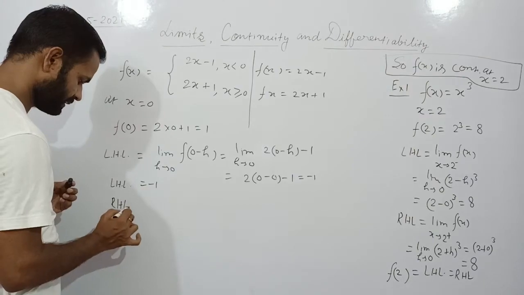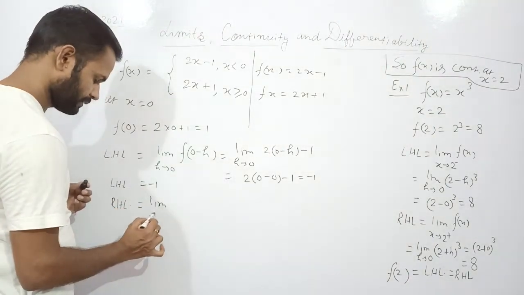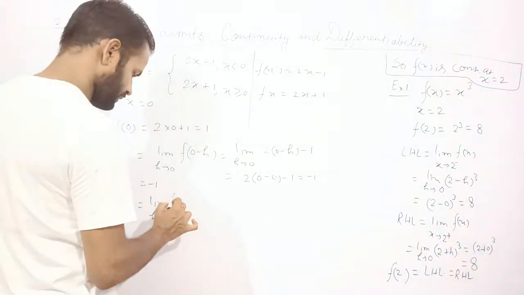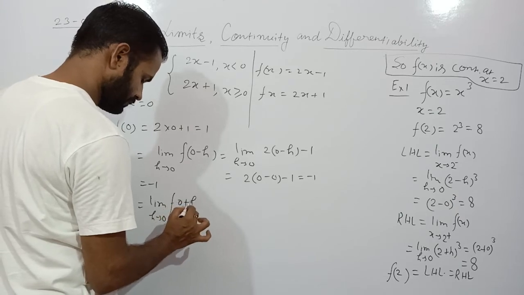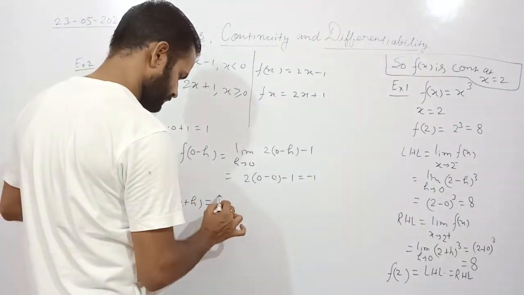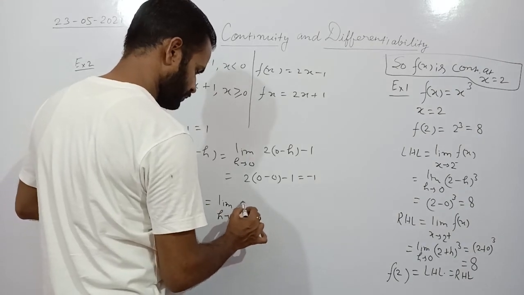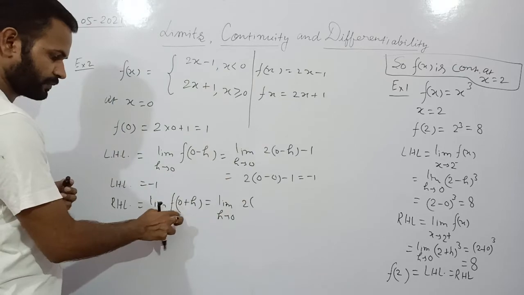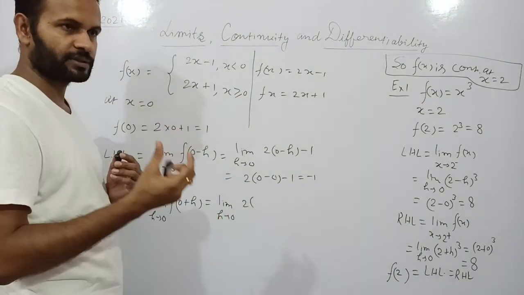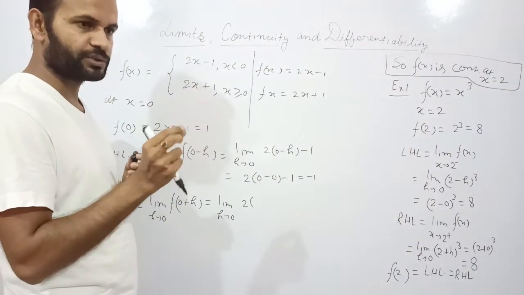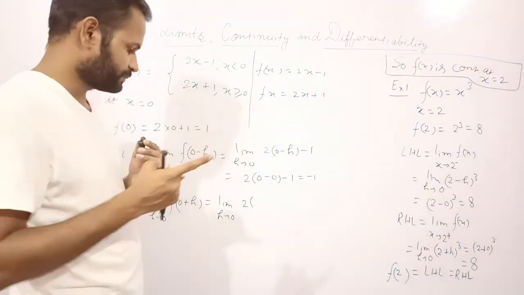Now let us calculate RHL. Limit as h tends to 0, f(0 plus h). At x greater than 0, 0 plus h means we are adding something to 0. h is very small but we are adding something to 0.